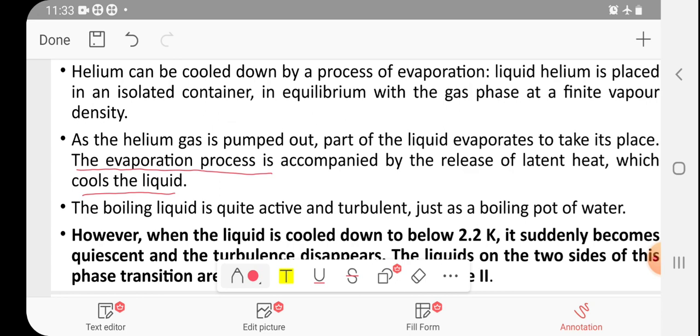The boiling liquid is quite active and turbulent, just like a boiling pot of water.